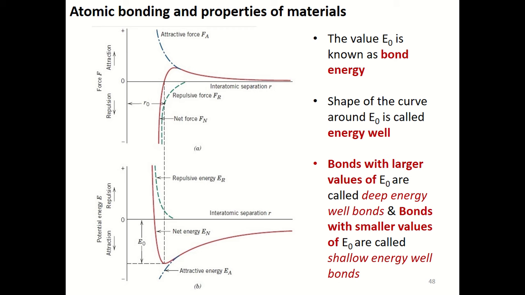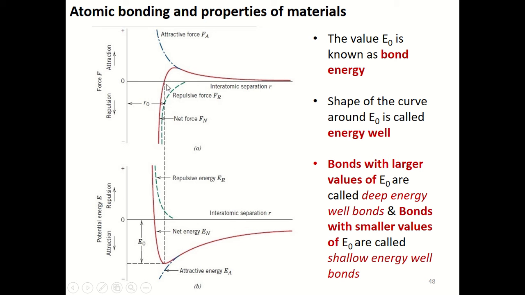As the atoms are brought very close to each other, assume that they just touch each other. We always consider the atomic separation as a center to center distance. At the point when they just touch each other, what will happen? A state of equilibrium exists. At that distance, the attractive and repulsive forces balance each other, and the net force becomes zero. That is, Fa plus Fr is equal to 0.